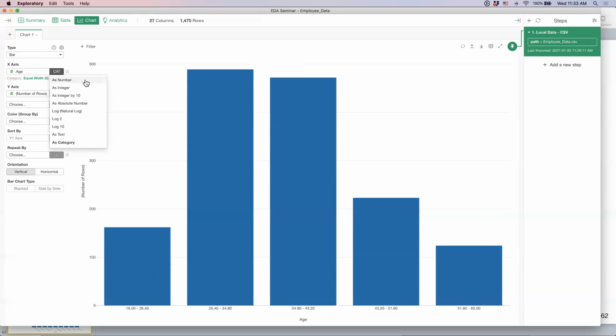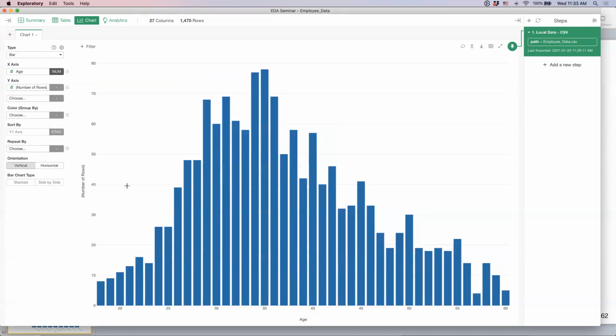This time, to keep it simple, I'm going to switch to as number so that each year of age has its own bar. For example, 35 years old has 78 employees, and that's the highest among the others.